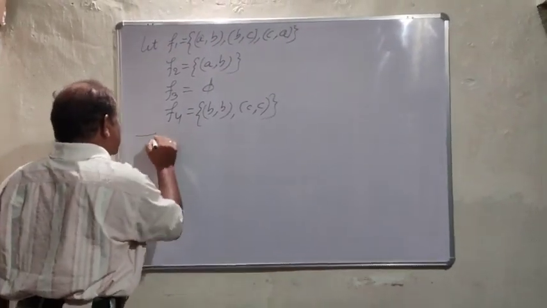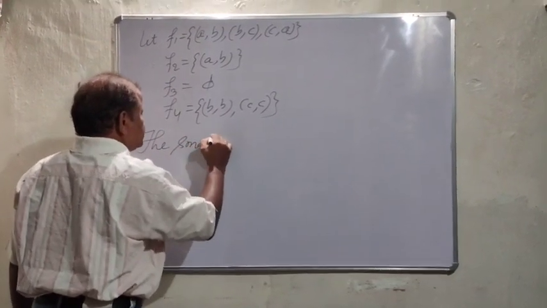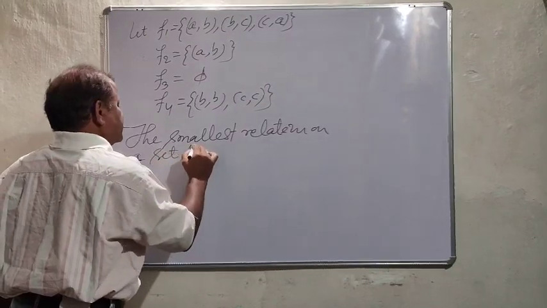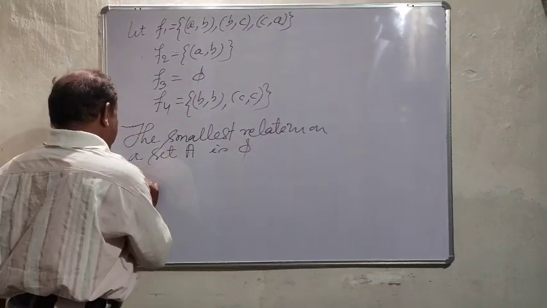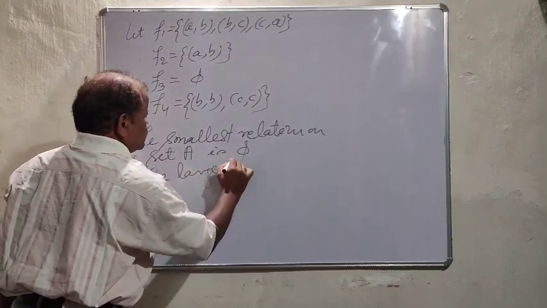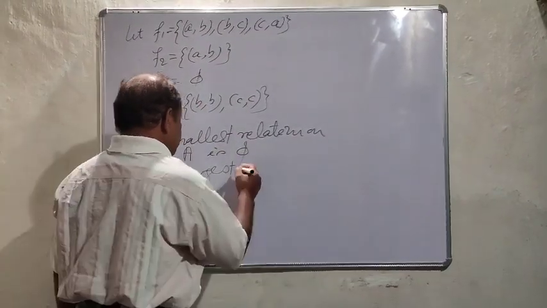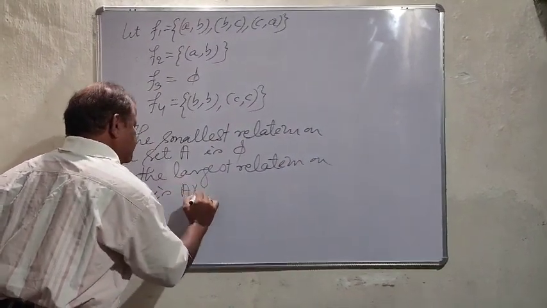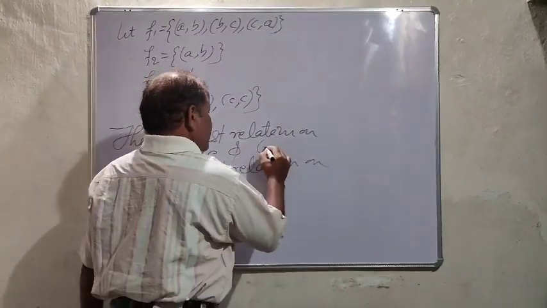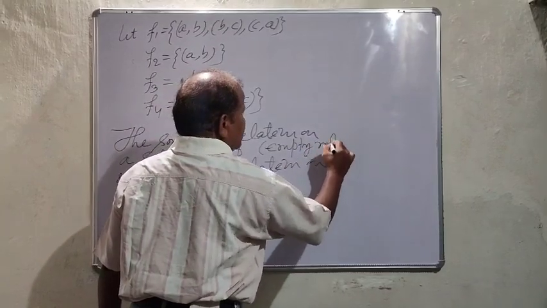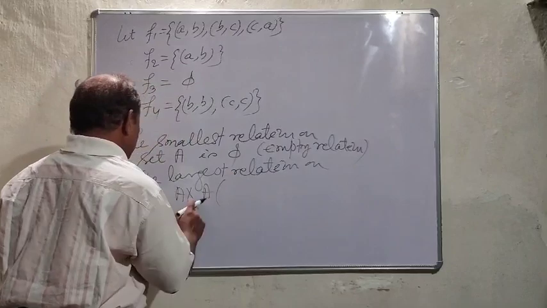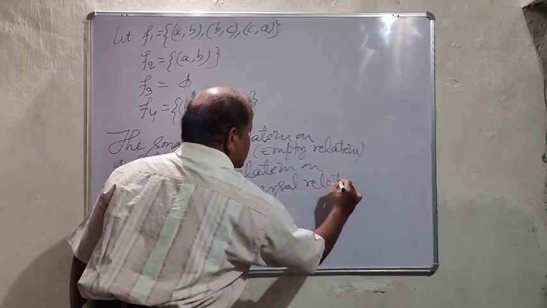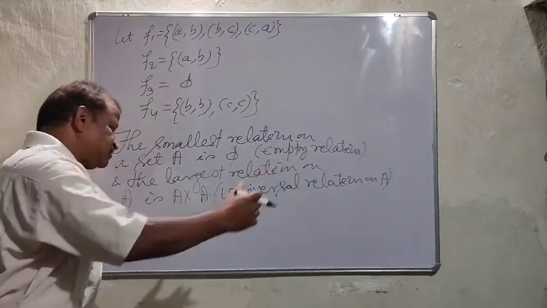Here also the smallest relation on a set A is the null set, and the largest relation, that means the largest subset of A Cartesian product A, the largest relation on A is A Cartesian product A. It is the empty relation, we know it, and here it is the universal relation on A. It is the universal relation on A.